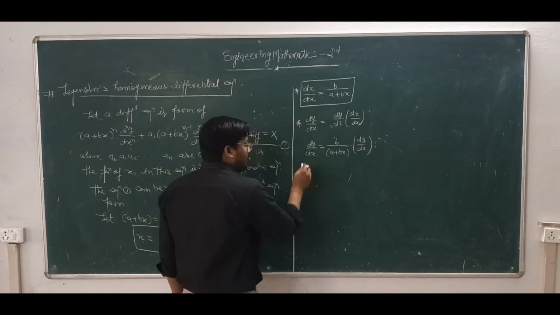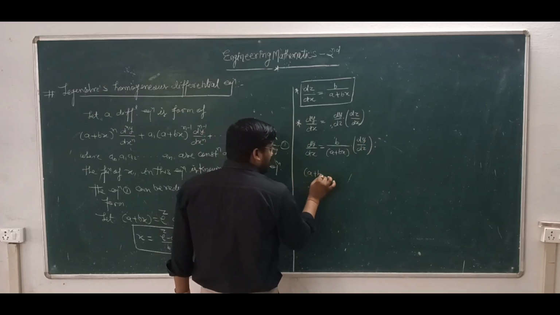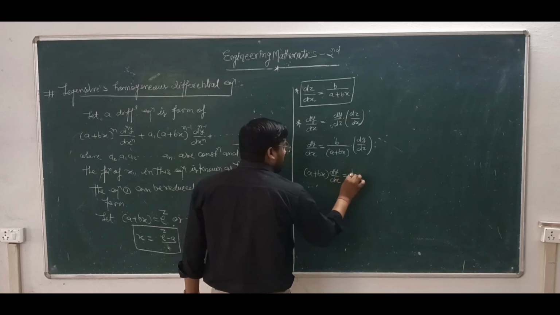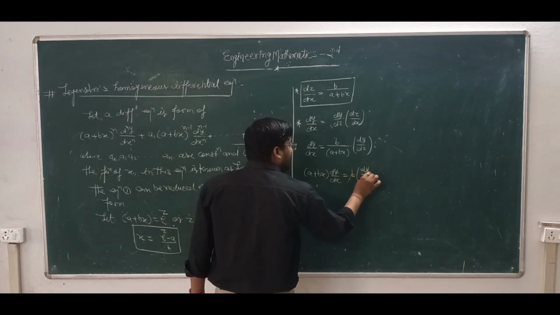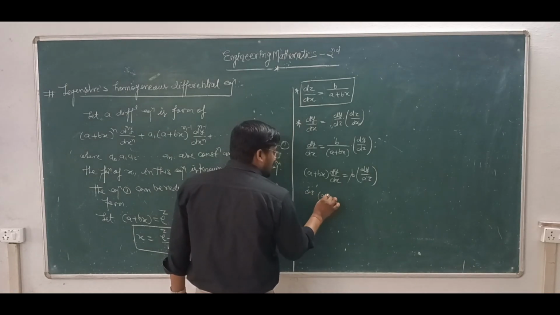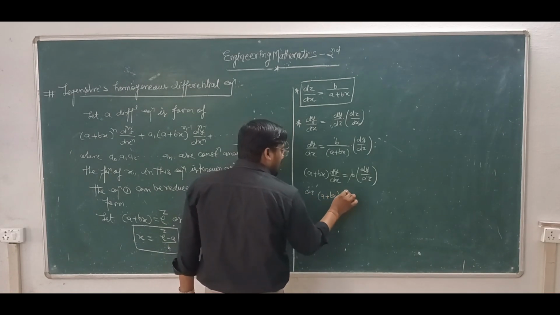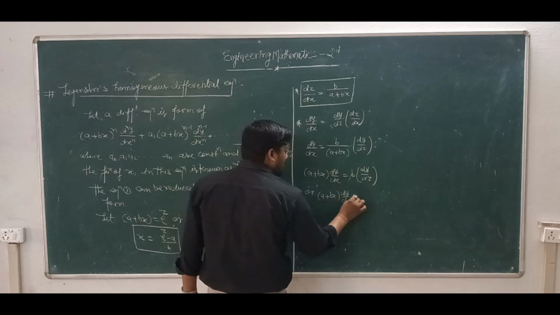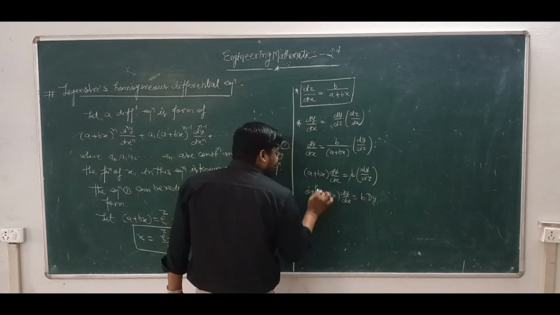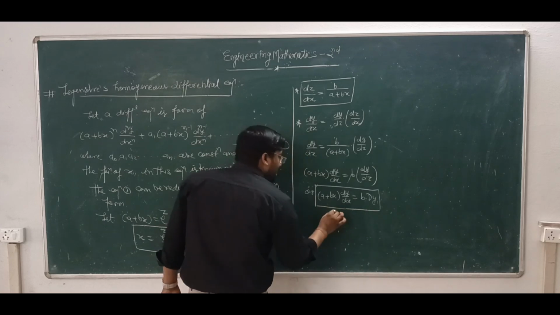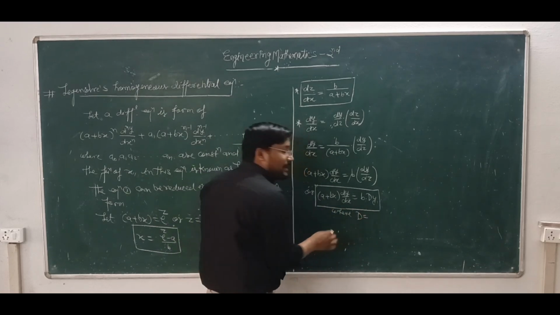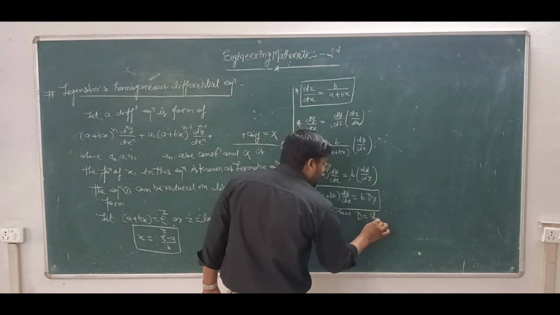Now a plus bx dy by dx is equal to b dy by dz, or simply a plus bx dy by dx is equal to b into capital D y, where D is known as the differential coefficient, D equal to d by dz.